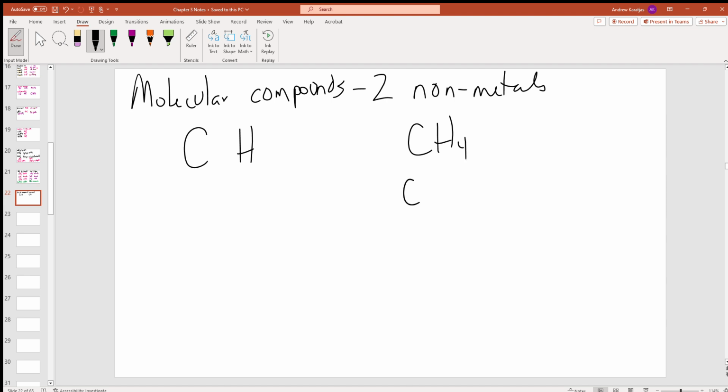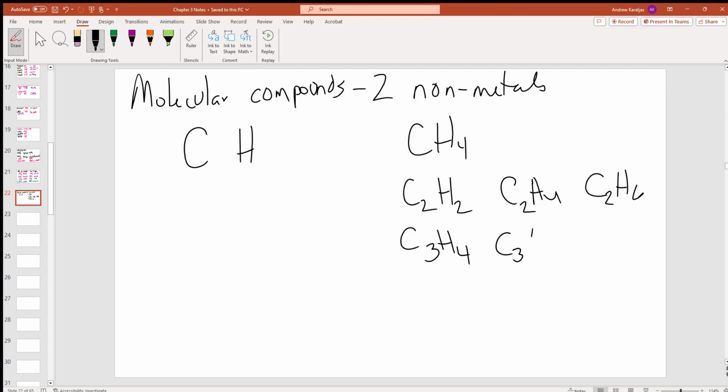If we had two carbons, we could have C2H2, C2H4, C2H6. At three carbons, we could have C3H4, C3H6, C3H8.